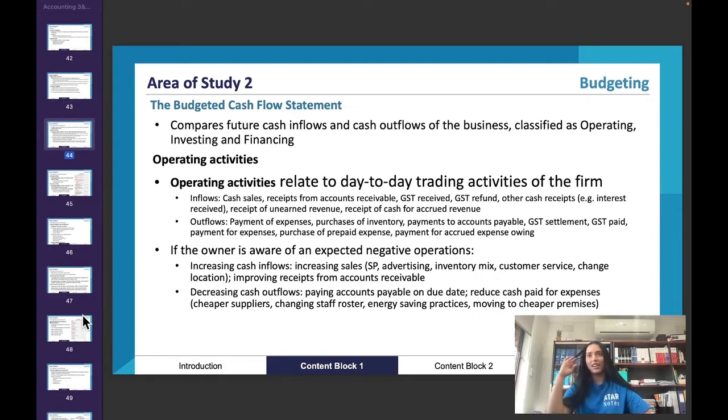So, a lot of times accounting students just assume that budgeting is just predicting what's going to happen and then seeing if what happens is the same as what we predicted, but that isn't actually the case.